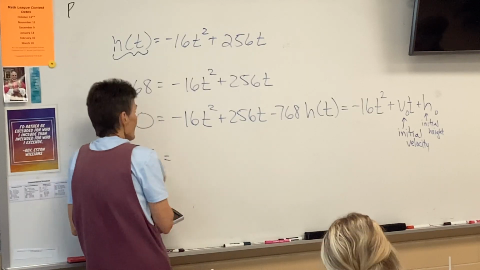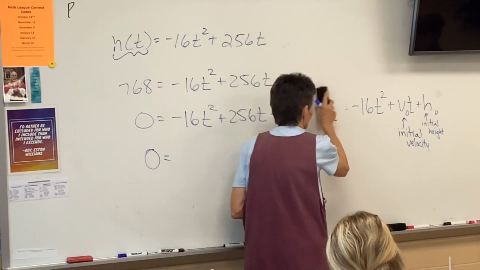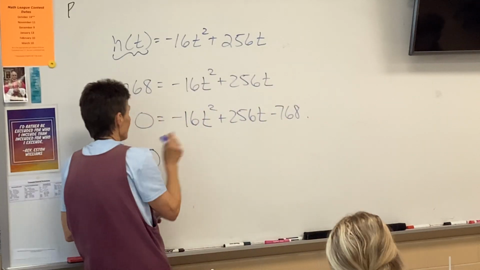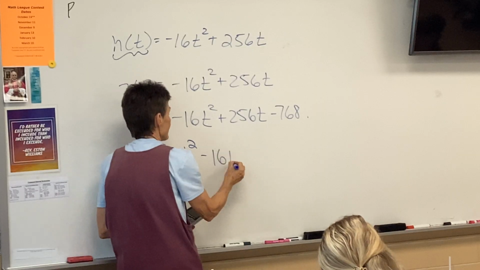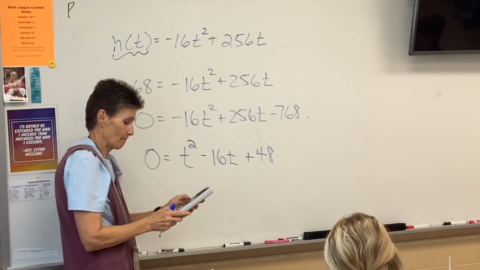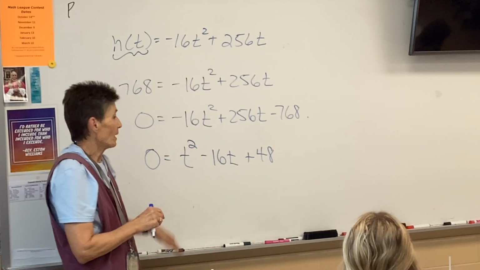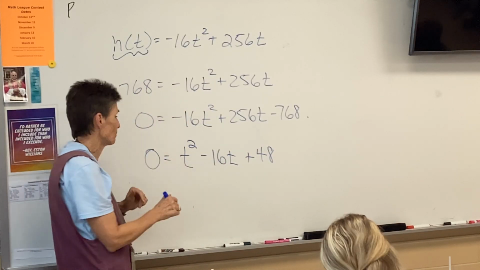So I'm going to go ahead and divide everything by negative 16. So t squared minus 16t plus 48. So I just divided everything by negative 16 to make my numbers manageable.